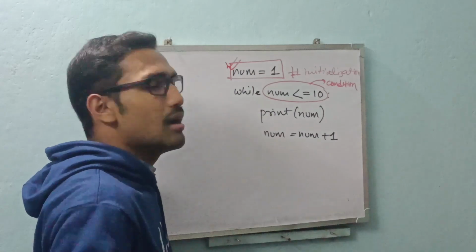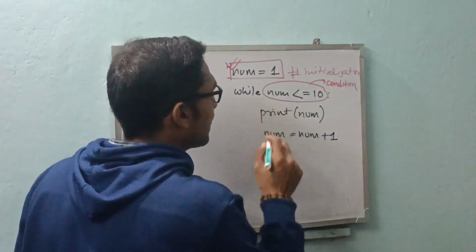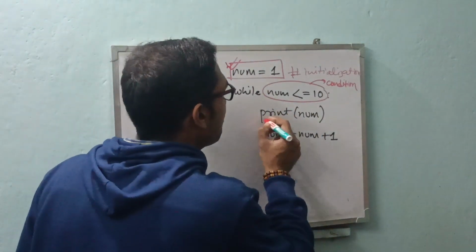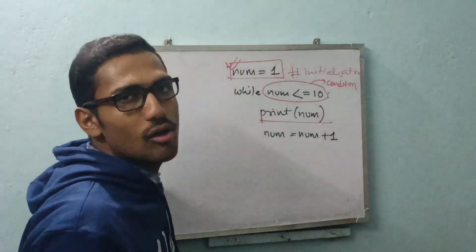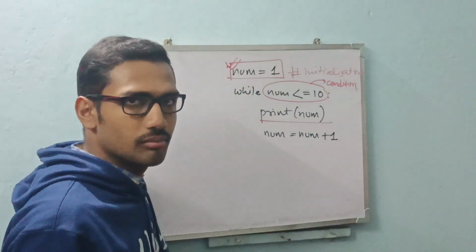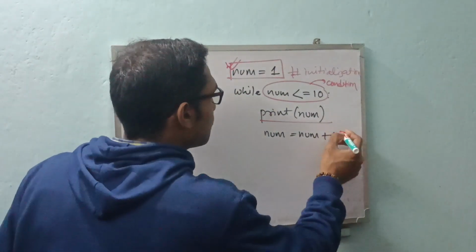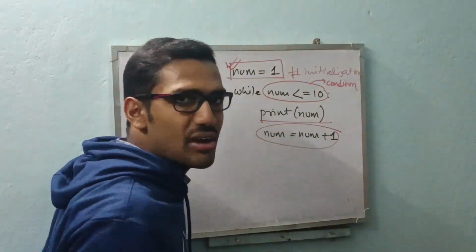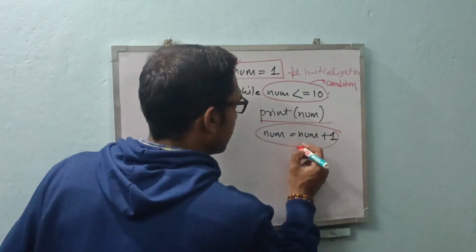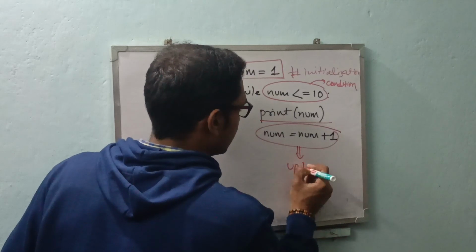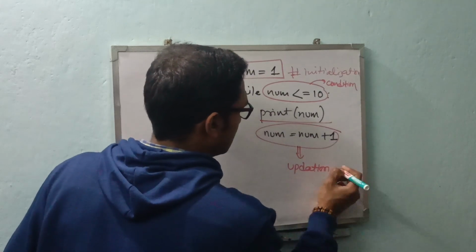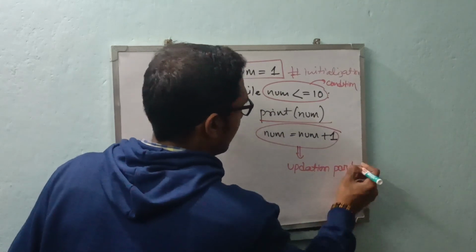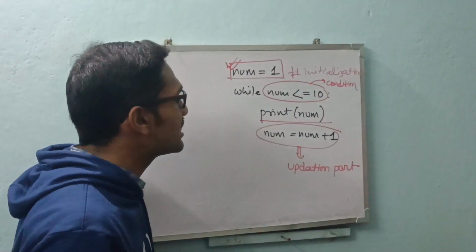Now within the body, I have simply printed the value of num. And this statement is the updation part. What is the significance of the updation part?